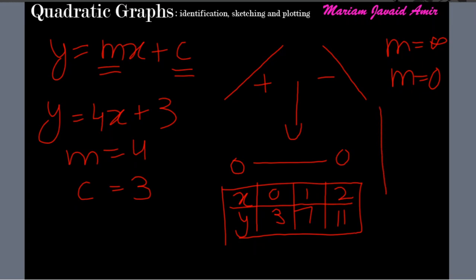Then you'll plot these 3 points on a graph and join them with a ruler, and you'll notice that this line will be cutting the y-axis at 3, and it will be a rising line because the slope is 4, which is positive. So that's all about linear graphs.